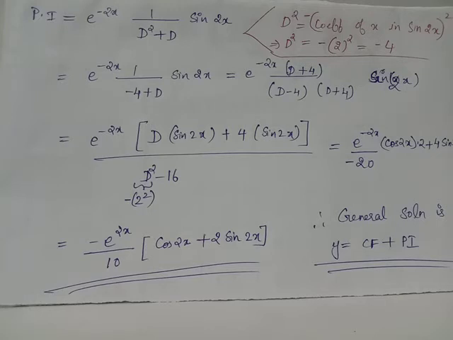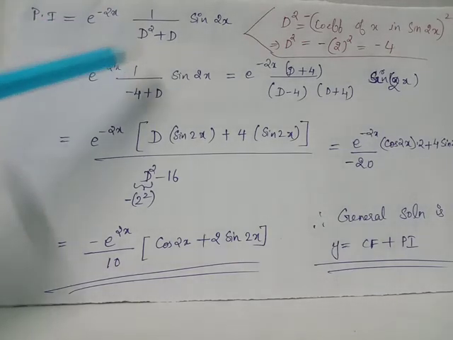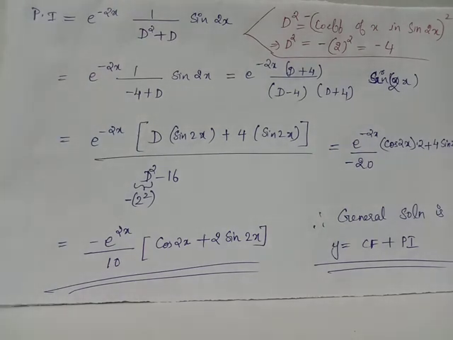That is, capital D square can be replaced by negative of square of 2, which is negative 4. Capital D square has been replaced by minus 4, and we have PI equals e raised to negative 2x multiplied to 1 by capital D minus 4 acting on sine 2x.